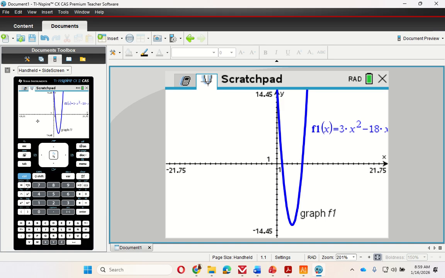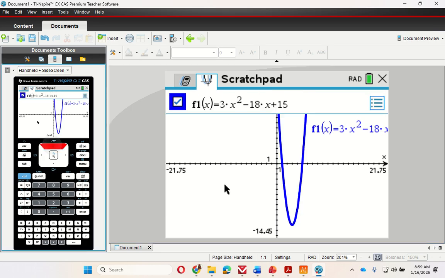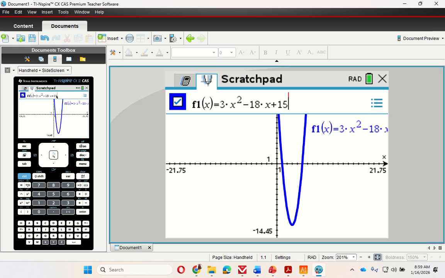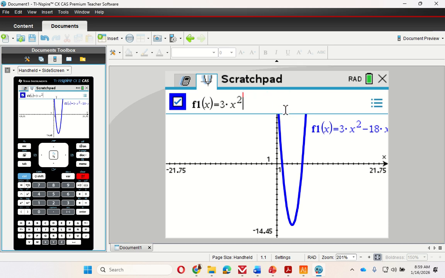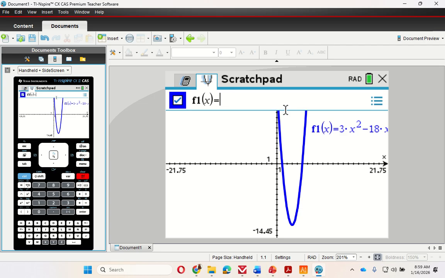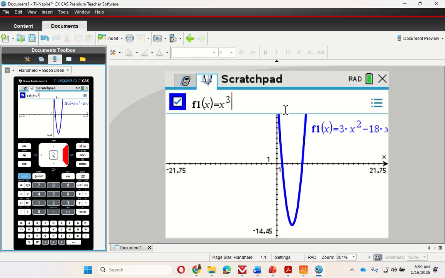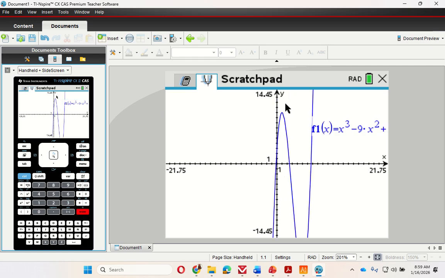Now, I'm going to plug in my original. I'm going to hit tab and change this to the original function. Now let's see how well that works.